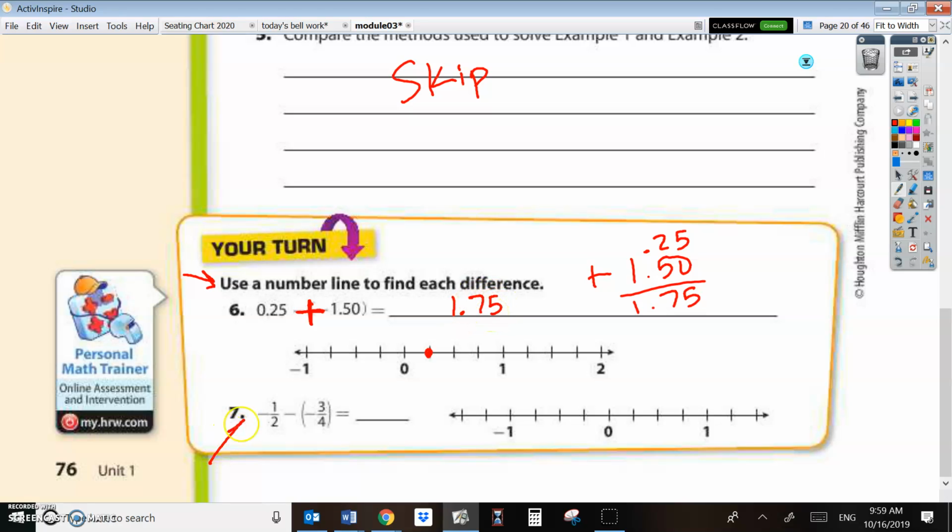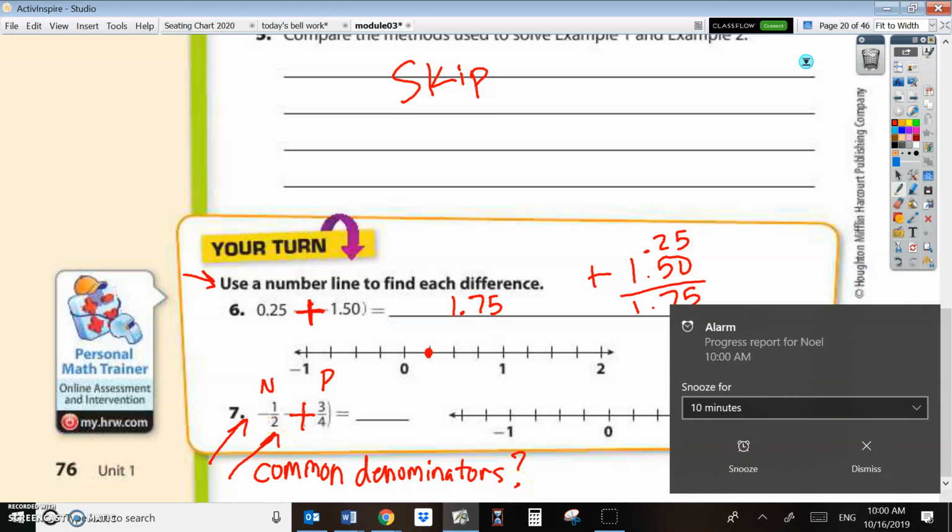So for this problem, this is negative, but you're subtracting a negative, so it makes that positive. But you also need common denominators. So you need to change those.